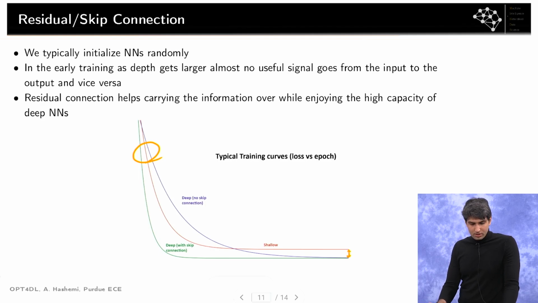Now, one implication of random initialization is that early on in the training, when we are processing an input, and again, the input is going to provide useful information for us to learn patterns from the data, the input gets multiplied by, let's say, these weights.